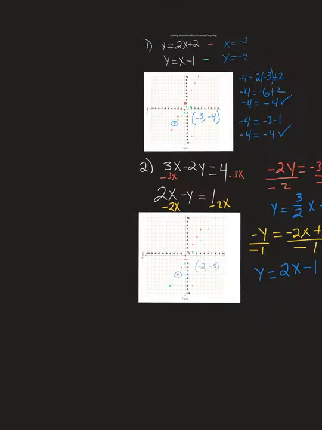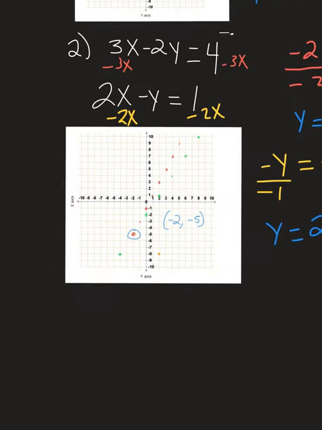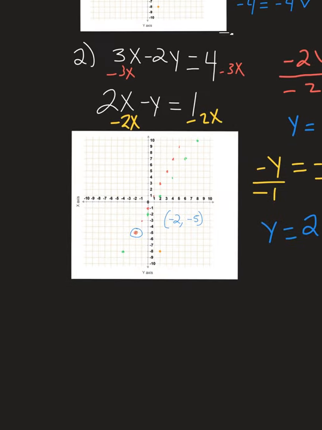And the last thing that we need to do is plug these values back into our original equation to make sure we're right. So we think that x equals negative 2 and y equals negative 5. So let's plug them back in. Let's grab a different color. We'll go white.